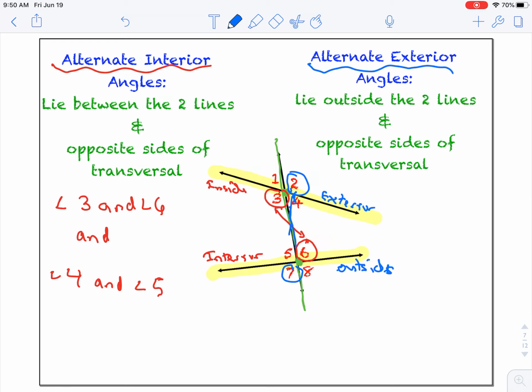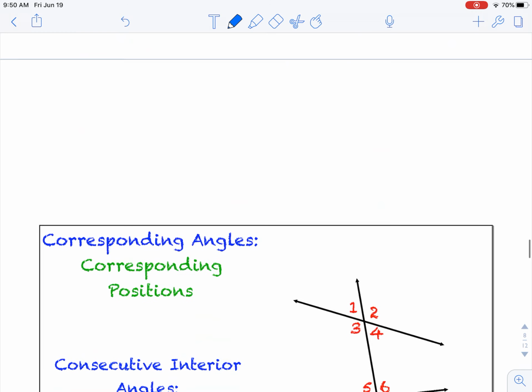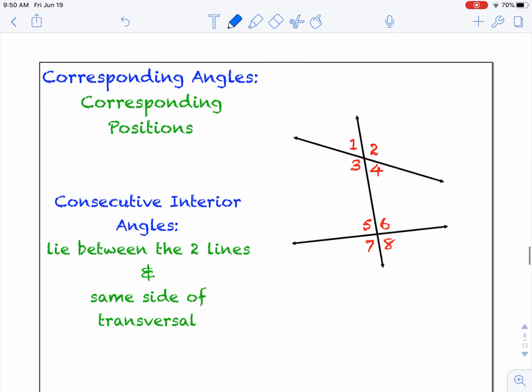So if you look at angle 2 and angle 7, they're alternating across the transversal right here. They're going across it, but they're on the exterior outside. So we have angle 2 and angle 7, and we also have another pair, angle 1 and angle 4. Now those 2 kind of describe themselves, okay?